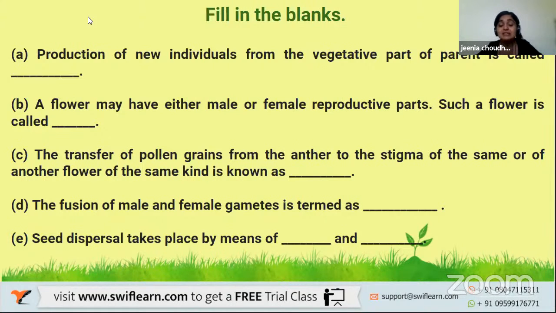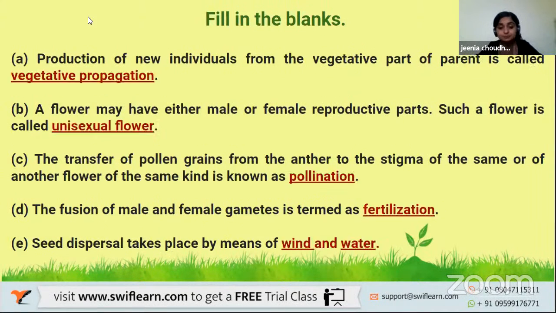Sometimes, due to heavy wind, the flower breaks and moves from one place to another. Due to rainfall, they travel long distances and reach a new place. So that's why wind and water are considered the two means of dispersal.